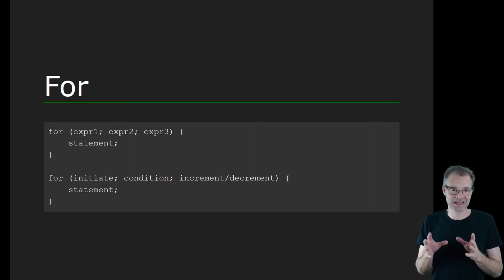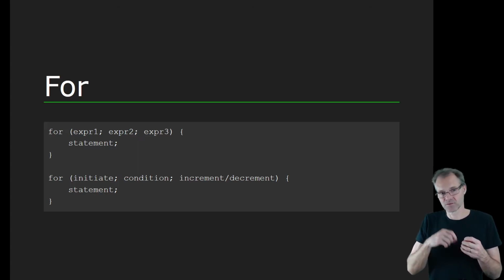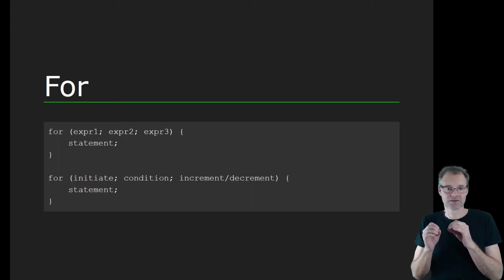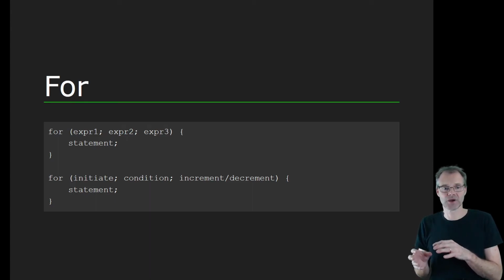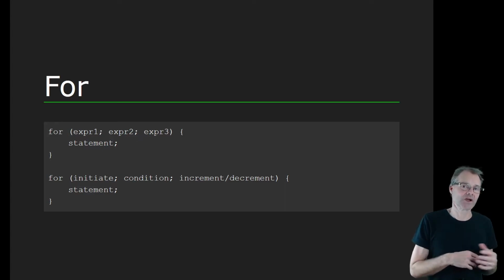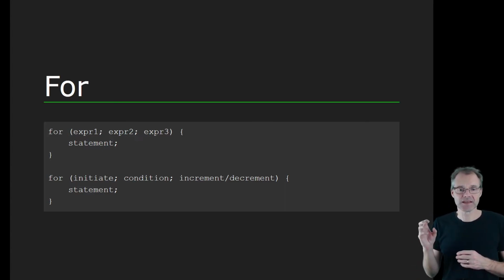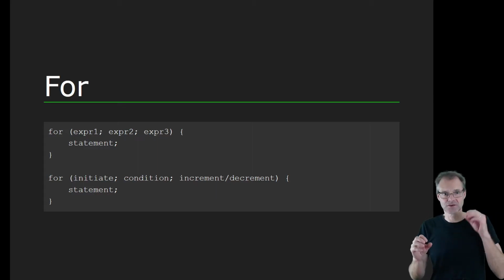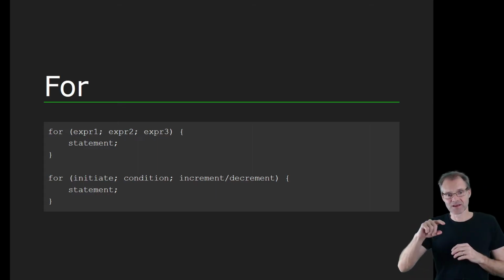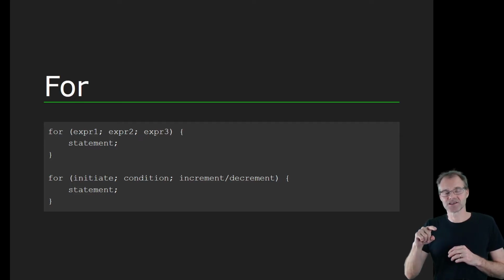So that is mostly used to have some kind of expression that says, okay, do one more round. Now it's done. So when expression 2 evaluates to false, then we are done with this loop setup. Expression 3 is always executed after each loop round.